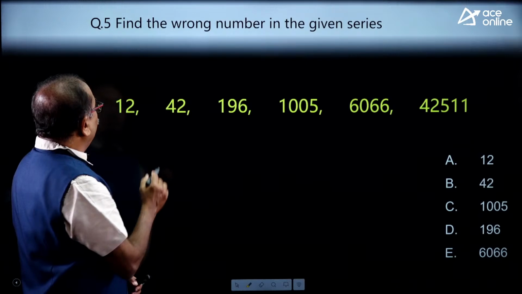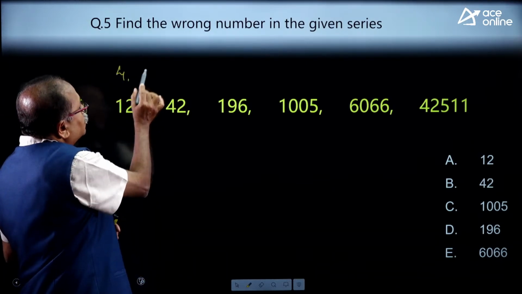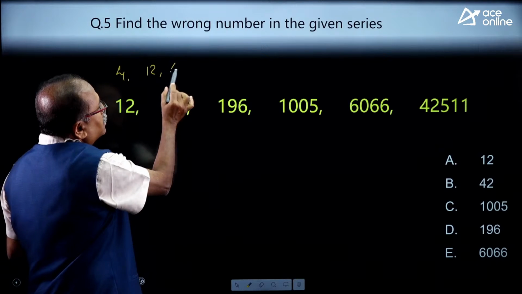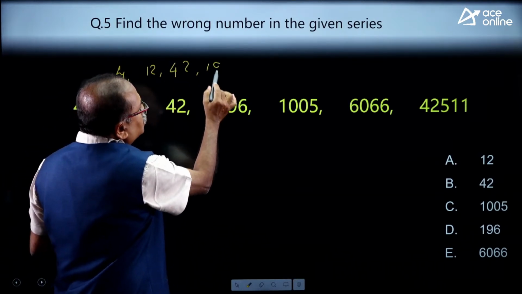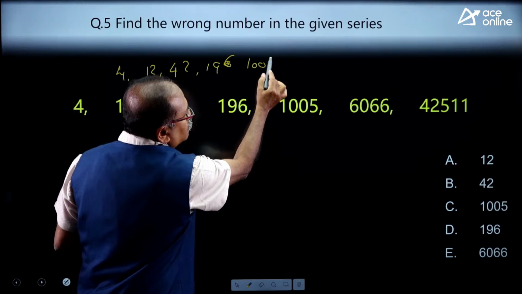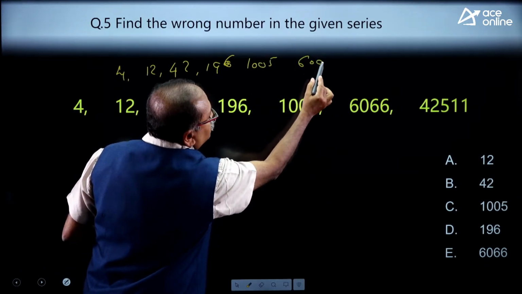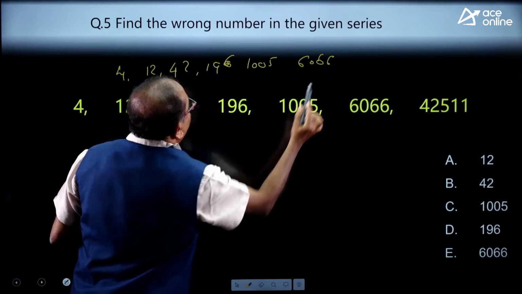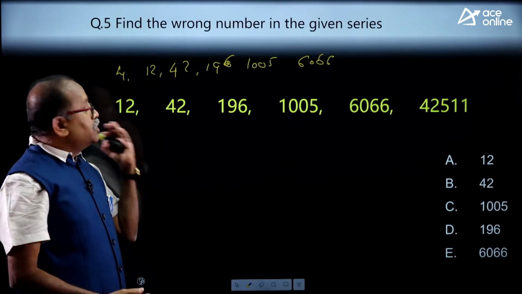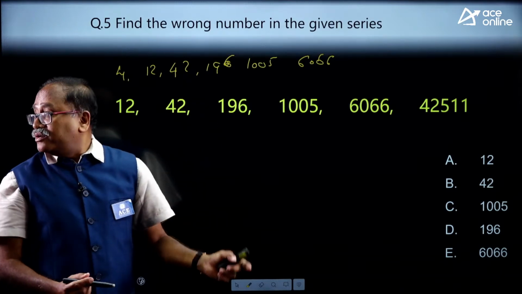I will take some side over here so that you will be able to see the first number is 4, the next number is 12, then 42, then 196, then 1005, and the next is 6066. Because I am coming in between the camera and this 4, I rewrote it.